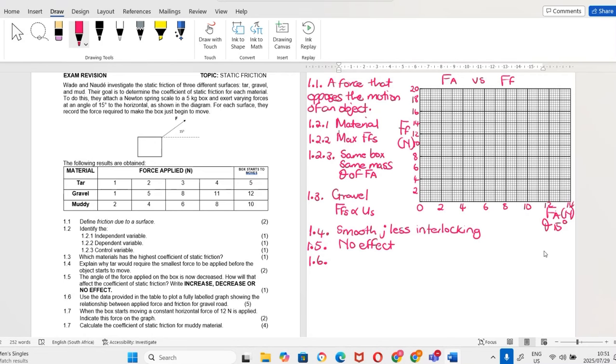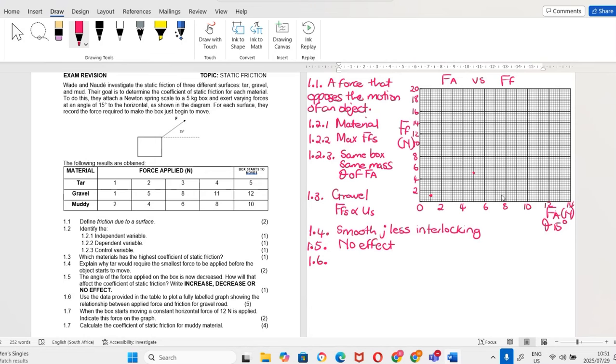Okay, that's fine. We could work with that, and then we can now start plotting. Remember what I said earlier on, that if the force applied is 1, then the friction is also 1 as long as the object is stationary. And then if the force applied is 5, then the frictional force is also 5.